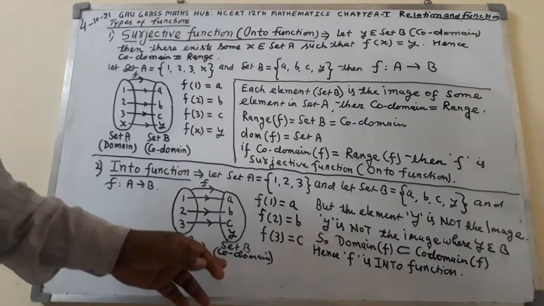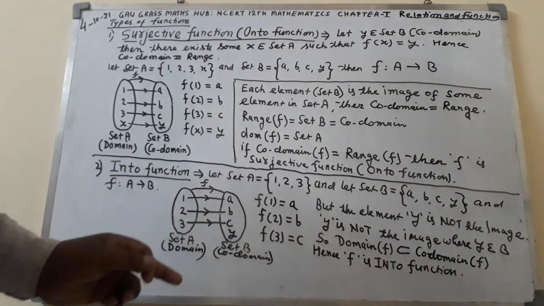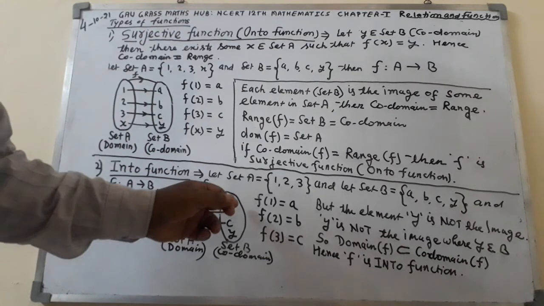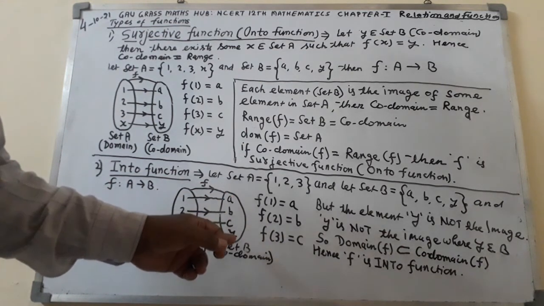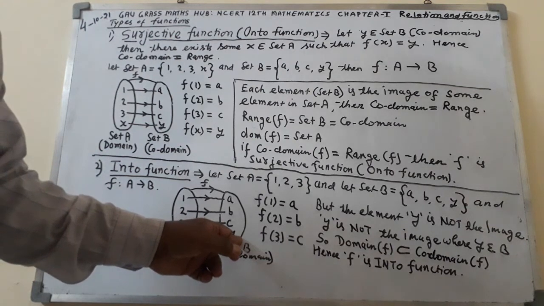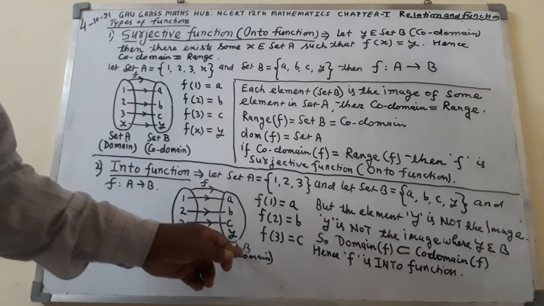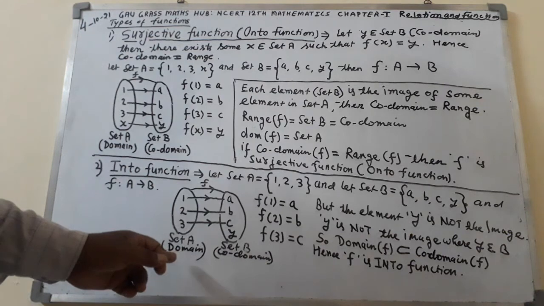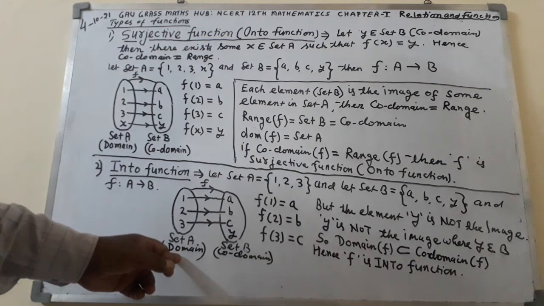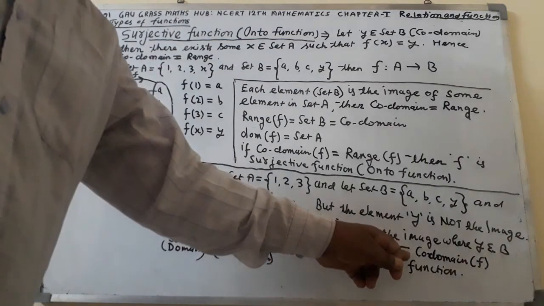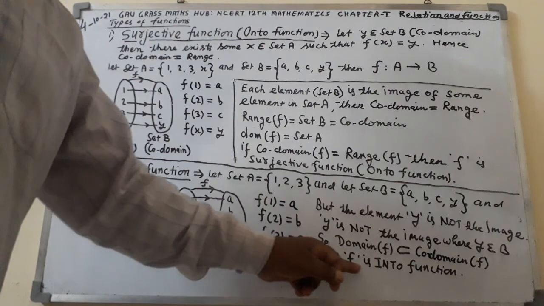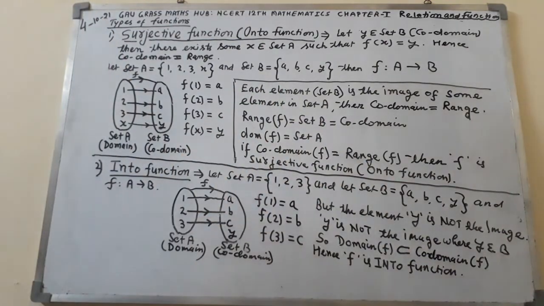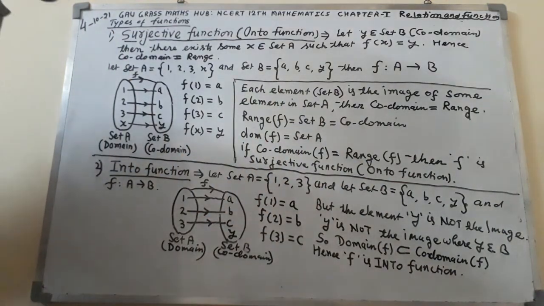But in the into function, a, b and c are images, but y is not an image, though y is there in set B. That's why the domain of f will be a subset of the codomain of f. Therefore, f is called an into function. That's all we must remember.